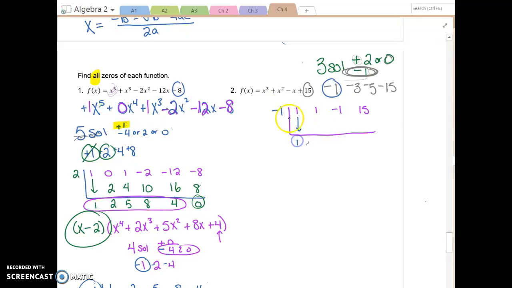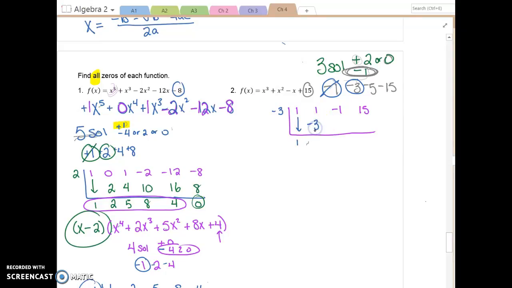So drop your 1 down, multiply, add, multiply, add, multiply. Negative 1 is not our solution. So I'm going to erase that and erase this stuff out, or redraw your synthetic division if you want to. Next I'm going to test negative 3.